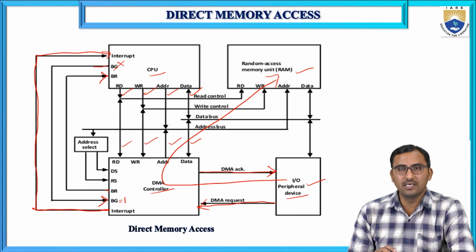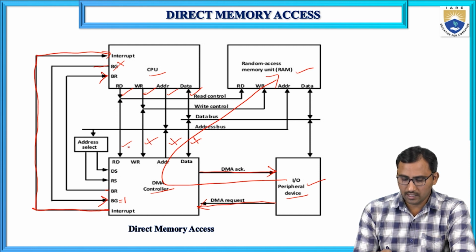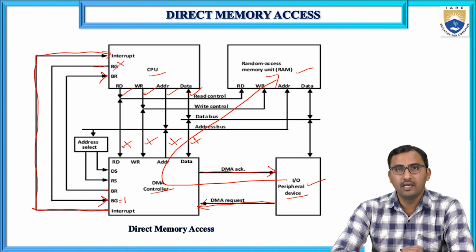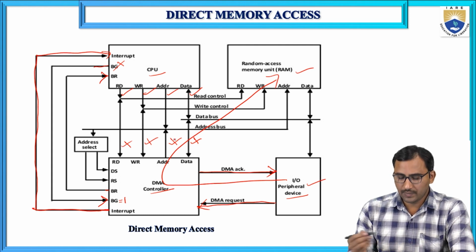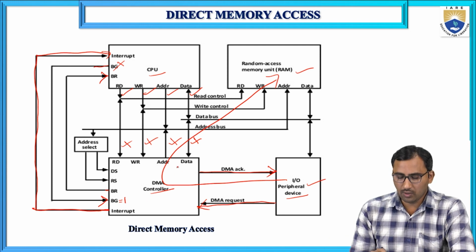Whenever the bus grant signal is disabled, the DMA controller releases the buses so that the CPU can take over control of all these buses.